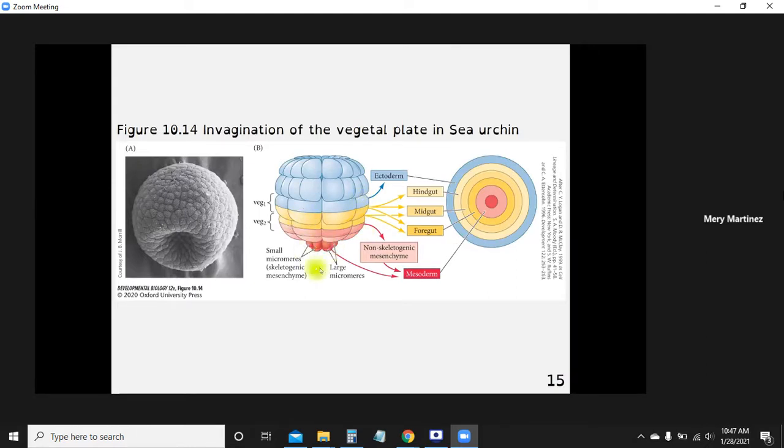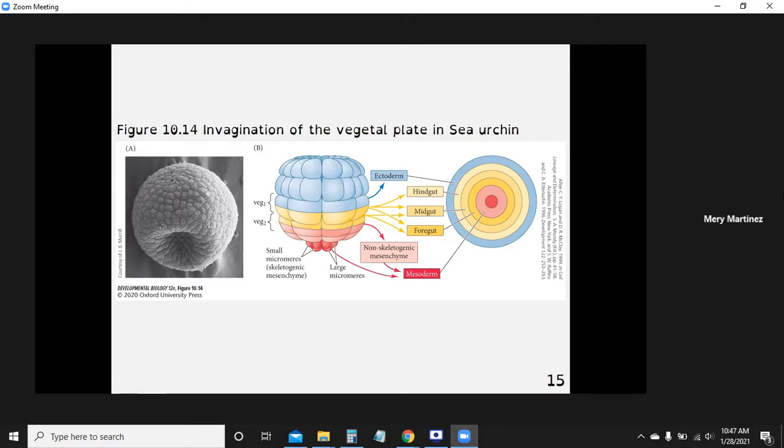Even though the micromeres are the ones that start moving inside by ingression, these cells over here also start gaining the inside as it invaginates, right? It has a slightly different type of information, because the small micromeres have already migrated by ingression, but these cells are remaining there, so they need to be told what to do.